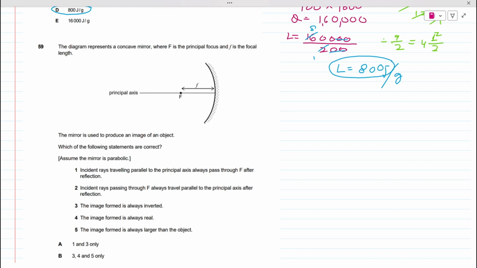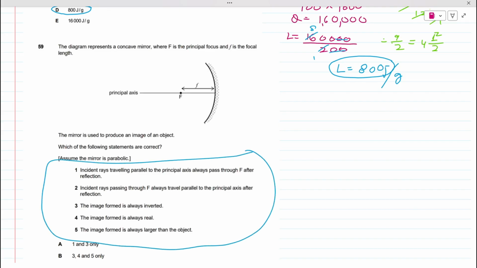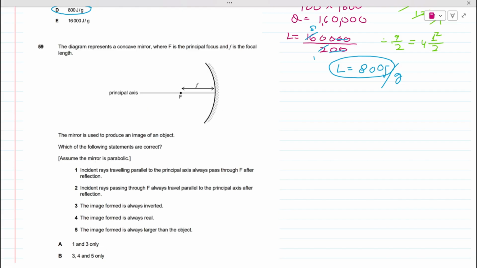The mirror is used to produce an image of an object. This concave mirror is basically used in order to produce the image of any object. Which of the following statements are true? So we are supposed to find the true statements, right?